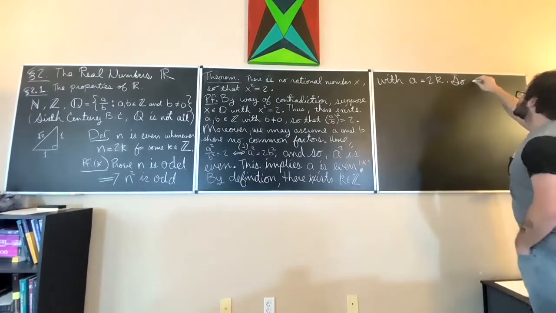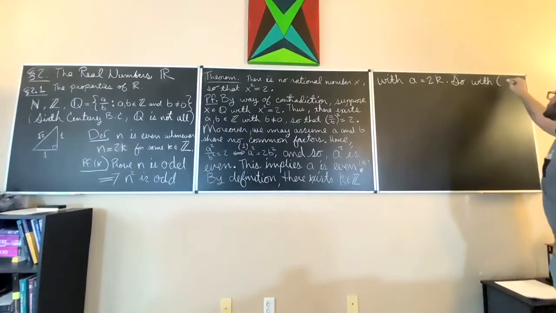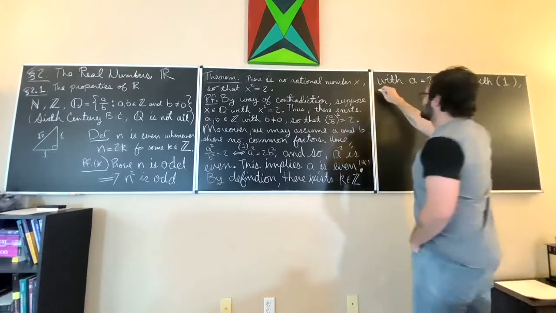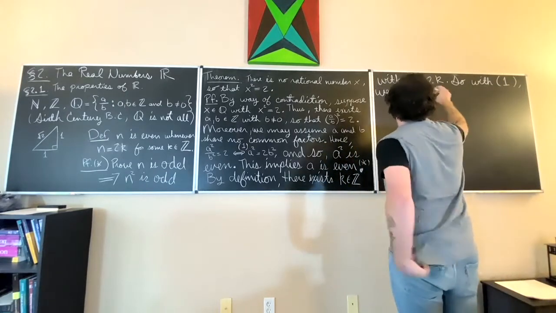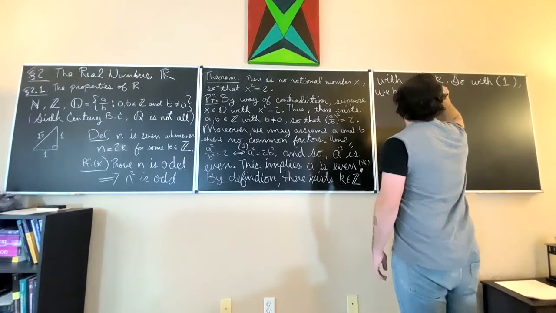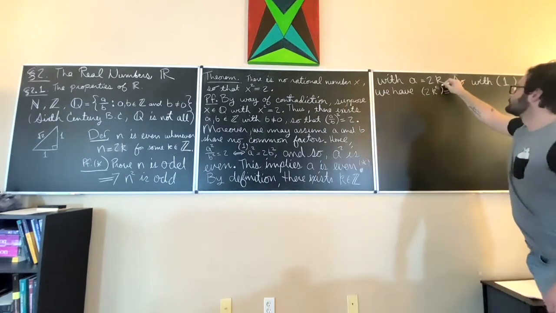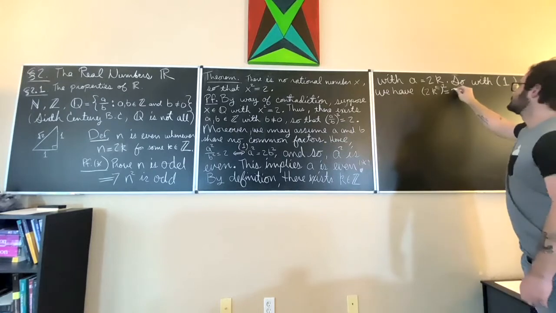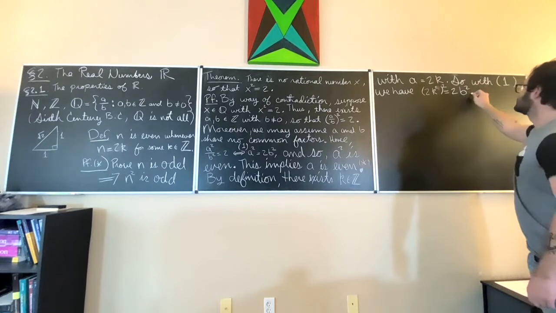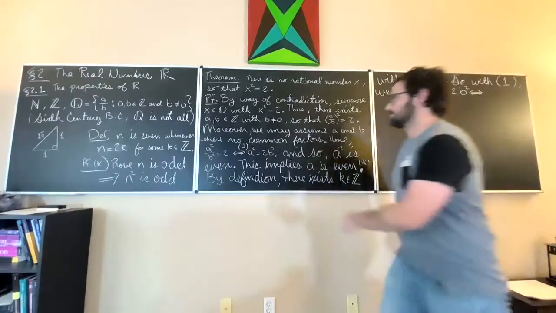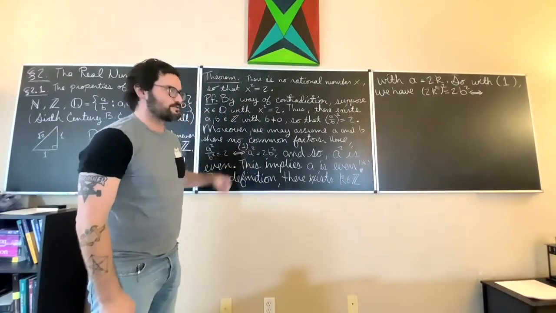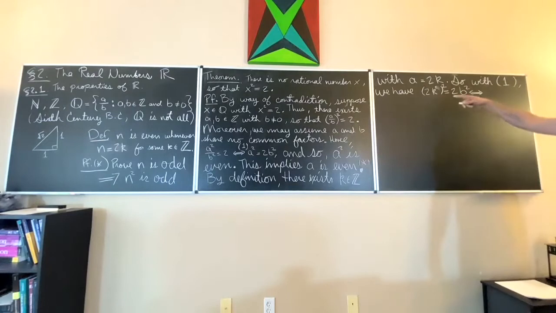So with equation 1, we have 2k all squared equals 2b squared. I just substitute 2k into this equation here. And if that's true, then it must be the case that 4k squared is equal to 2 times b squared.